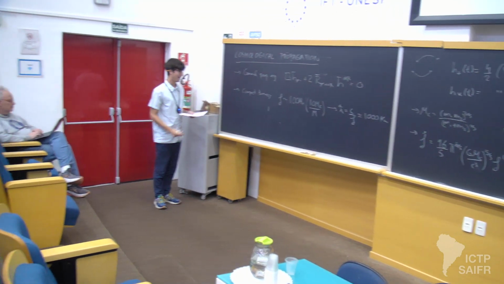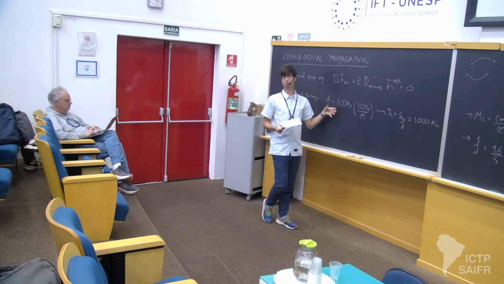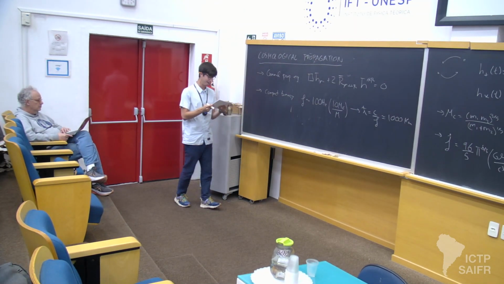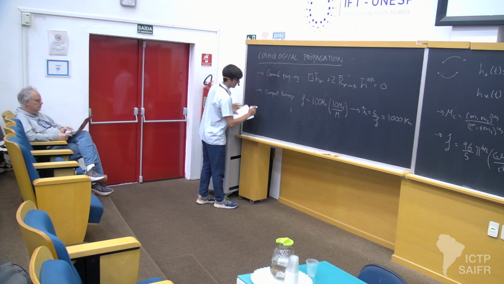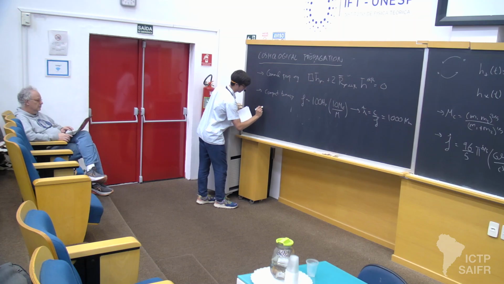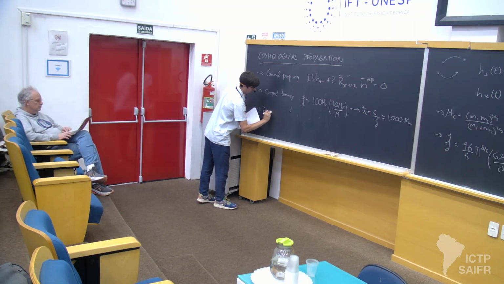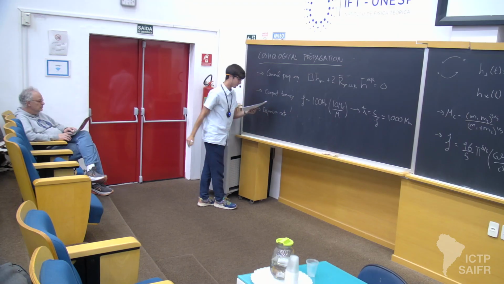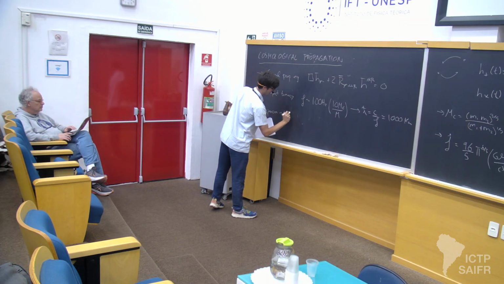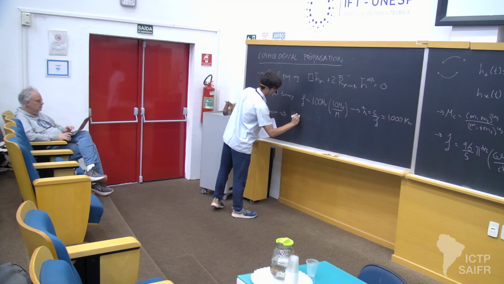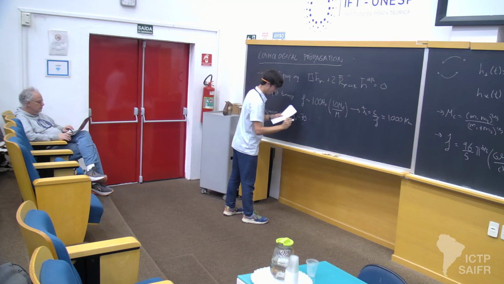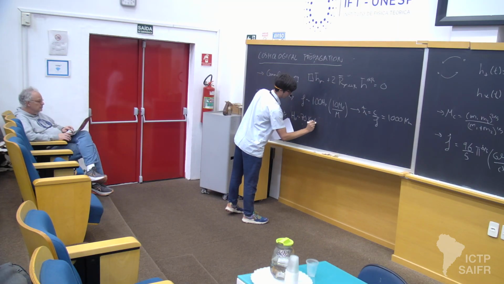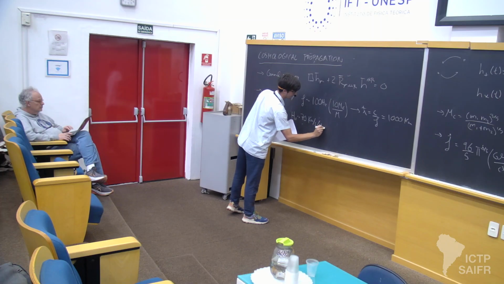Now, how does this compare to the relevant scales in cosmology? Well, they are actually very different. Take the expansion rate of the universe, that's about 70 kilometers per second per megaparsec.